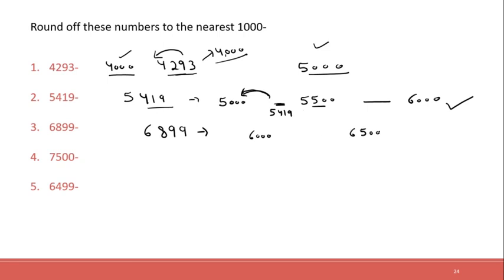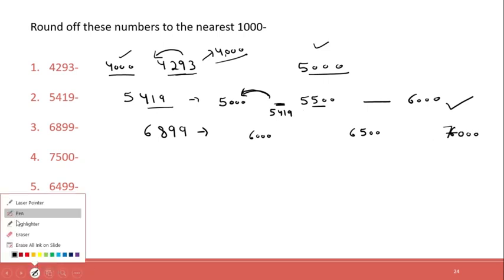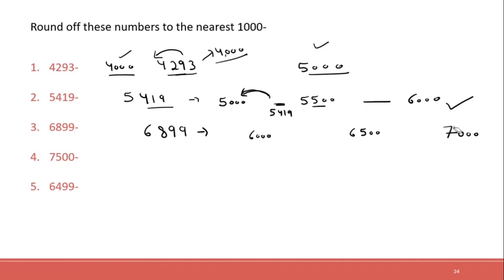So here it is 6500, and here it will be 7000. So this 6899 will be somewhere here because it is more than 6500. So we will round it off to 7000. Got it?